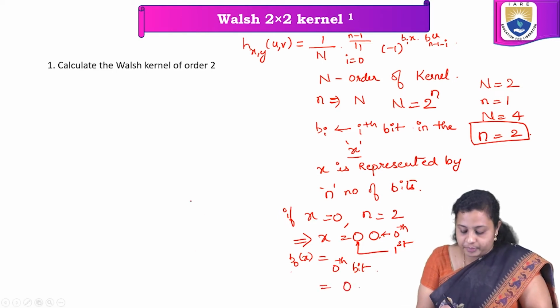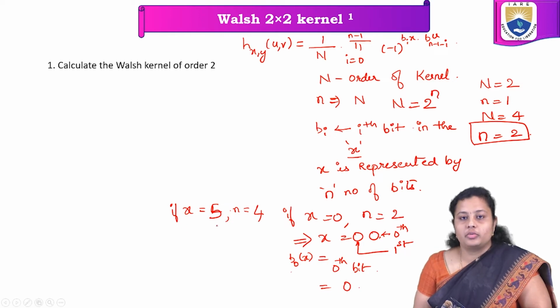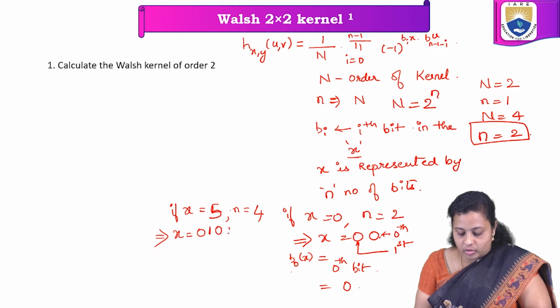Say suppose x is equal to 5 for n equal to 4. So how will x be represented? The value 5 should be represented by 4 bits, so we can represent the value of x as 0, 1, 0, 1.